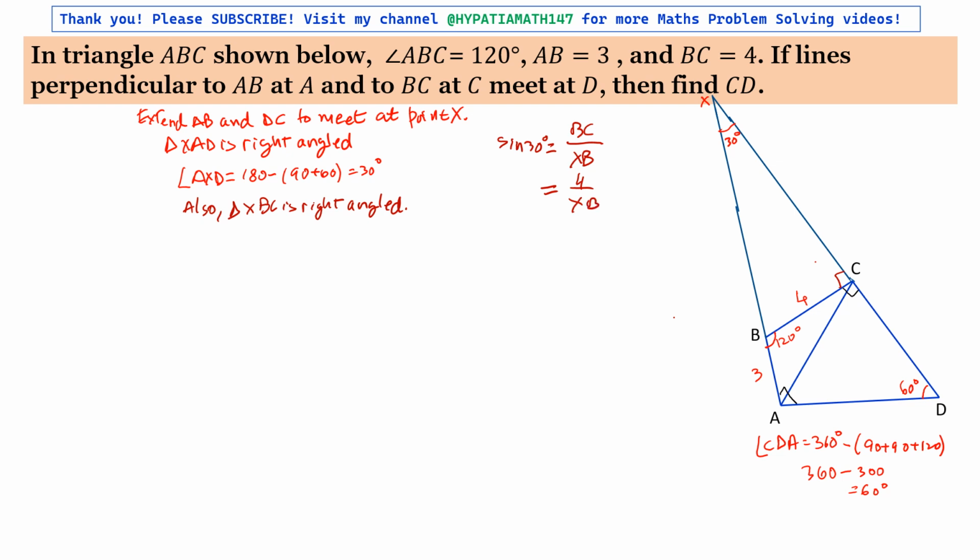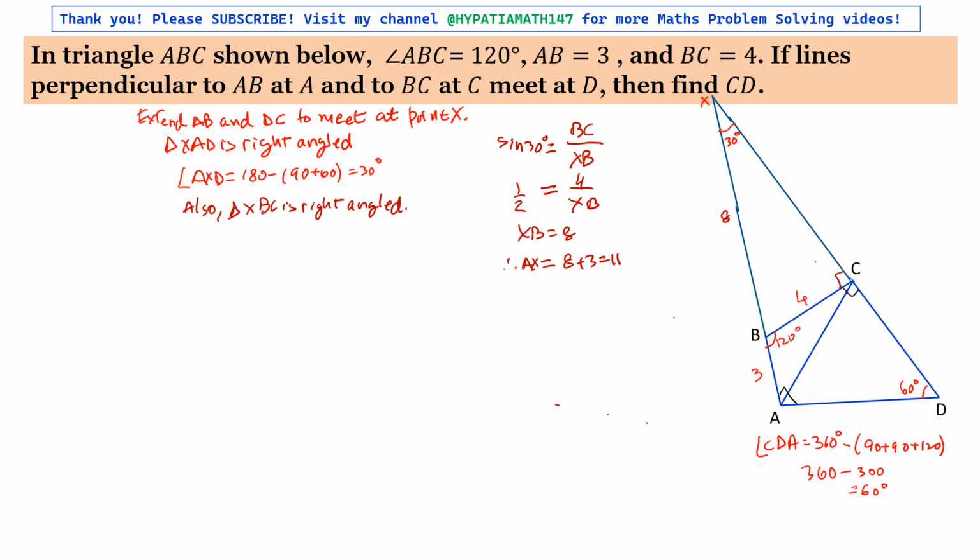Sine 30 I know is half, and so XB equals 8. Therefore AX equals 8 plus 3, that is 11. So I know AX is 11.